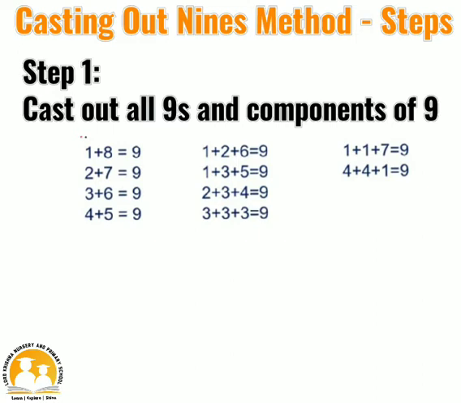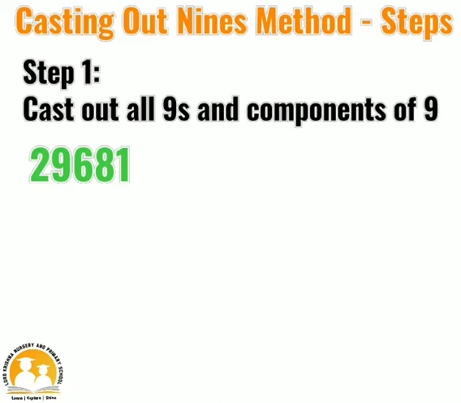These can be ignored. Let me show you an example. The number 29,681. Here, to apply the first step of casting out 9, you can cancel the number 9. Also, you can cancel the numbers 8 and 1 because the addition of 8 and 1 is equal to 9.